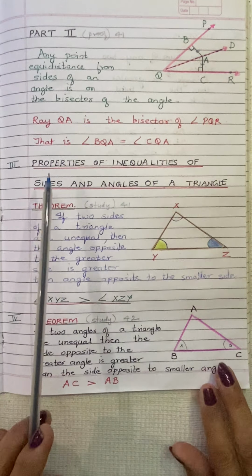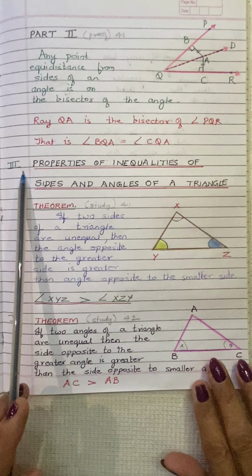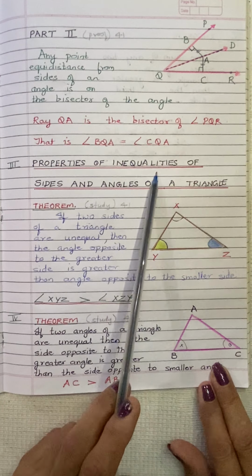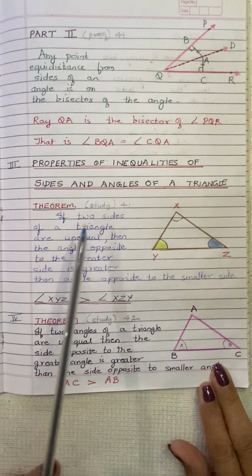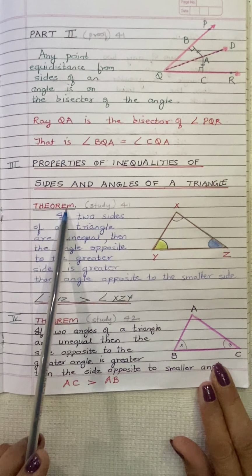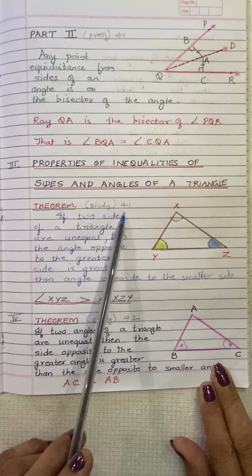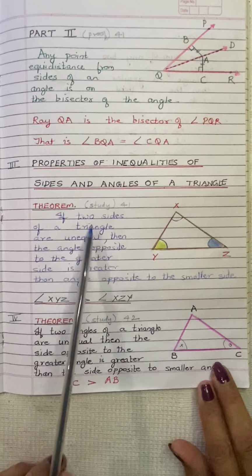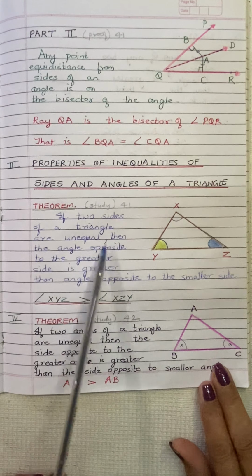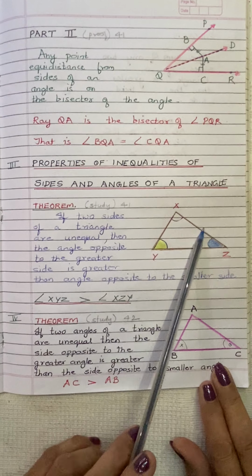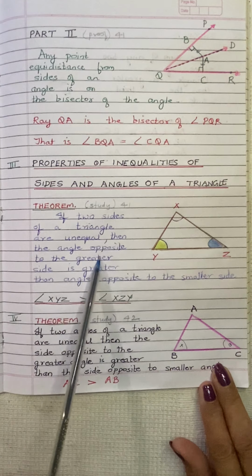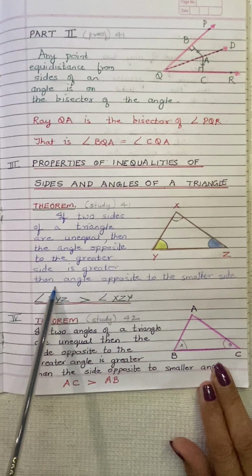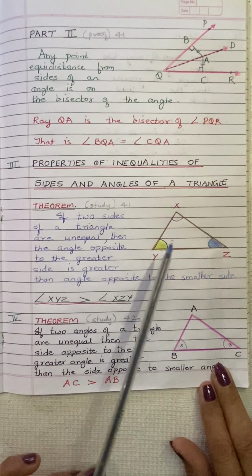Now the third property, properties of inequalities of sides and angles of a triangle. Again there is a theorem here. You can go through the theorem on page 41. If two sides of a triangle are unequal, then the angle opposite to the greater side is greater than the angle opposite to the smaller side.